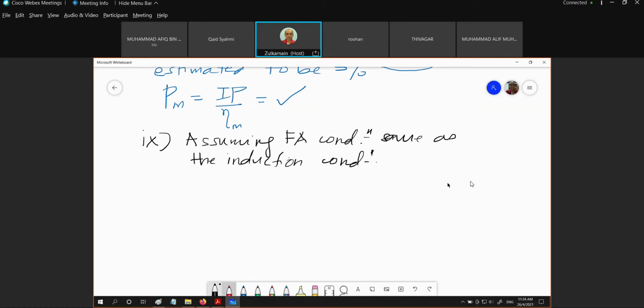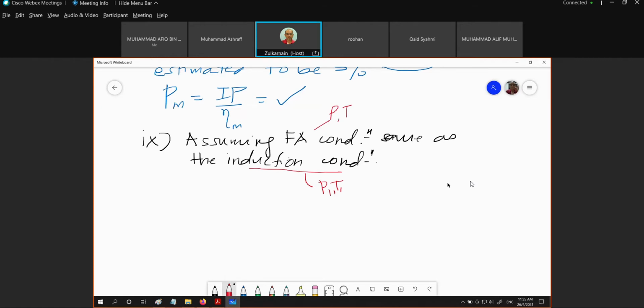Anyone? What is the meaning of free air condition? This is P0 equals to P1. This is P0, and this induction condition is P1. So based on this, you can be asked to get all over again.